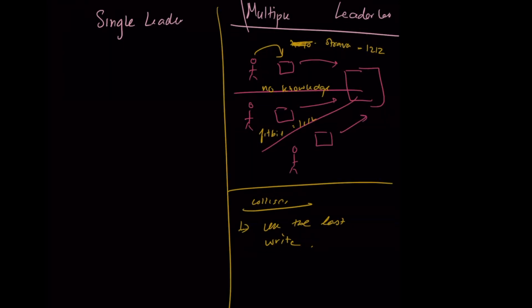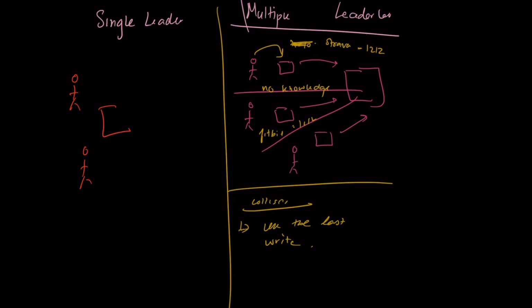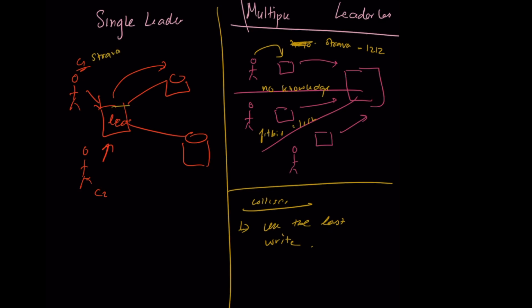But in a single leader application, all the applications talk to the main leader, or the coordinator, which writes it subsequently to each database. Supposedly consumer 1 comes, consumer 2 comes, consumer 1 wants to write Strava, and the leader says, okay, you put a lock on me, so you lock that row and then you take it back, and you can get this 1212, and then you say, okay, Strava.